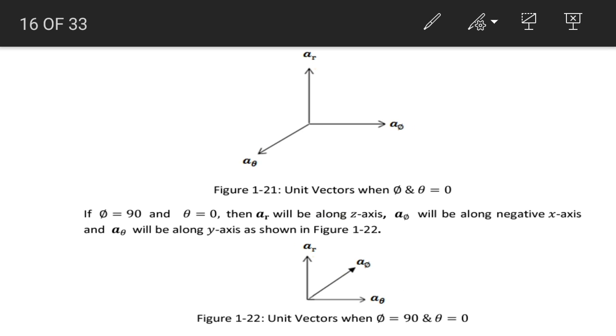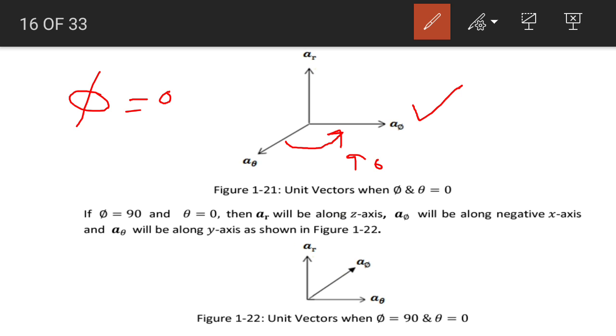If phi is 0, we know that the unit vector a_phi makes an angle of 90 plus phi with respect to the x-axis. As phi is 0, a_phi will make an angle of 90 degrees with respect to the x-axis. So a_phi will be along the y-axis. If phi is 0, the unit vector a_phi will be along the y-axis.